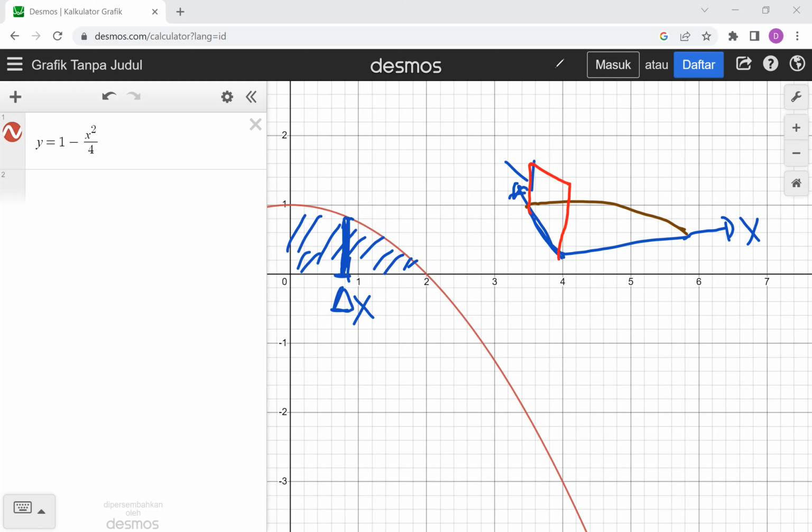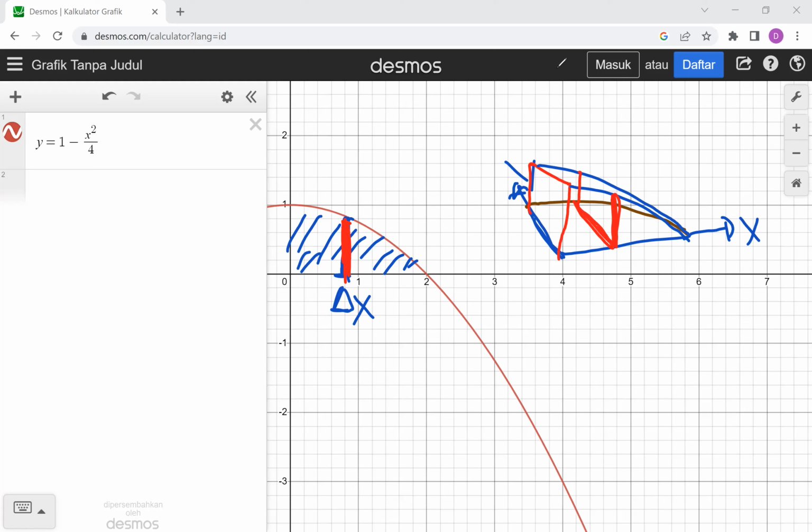Then, probably this blue one, this one. If I draw this thin piece here, the corresponding cross section will be in this one, and the shape is a square.